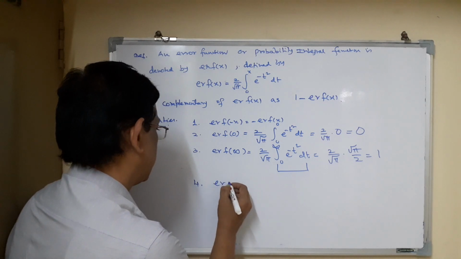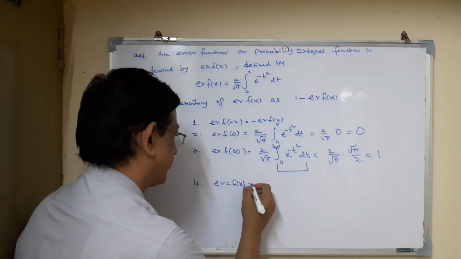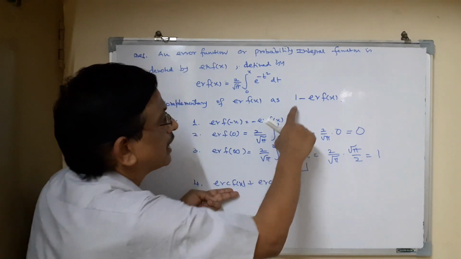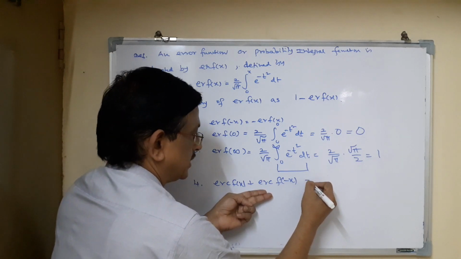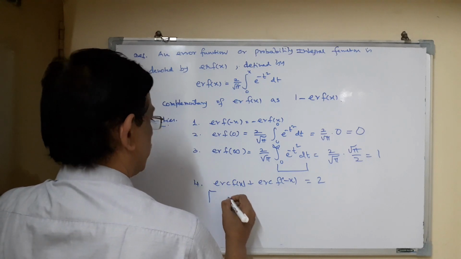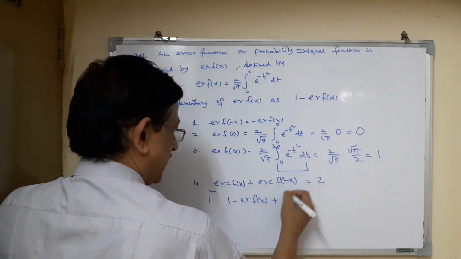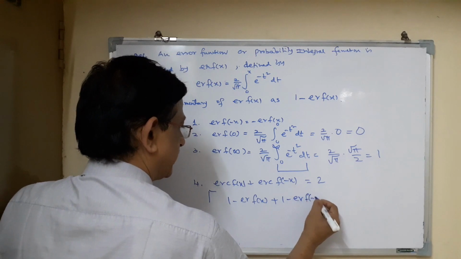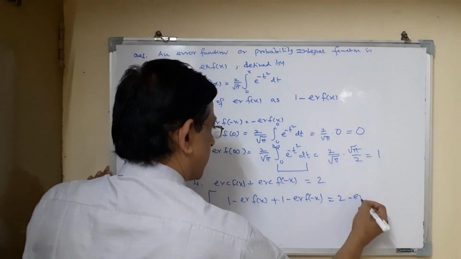Let us see error complement function, f(x) plus error complement of minus f(x). This is 1 minus error f(x) plus 1 minus error f of minus x, which is equal to 1 plus 1 is 2 minus error function.